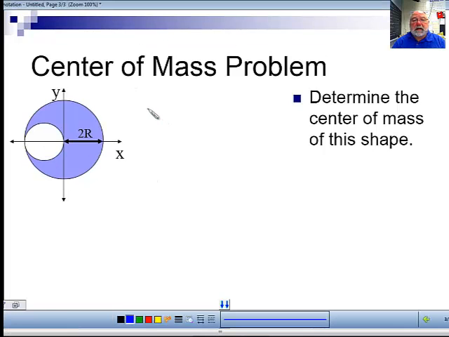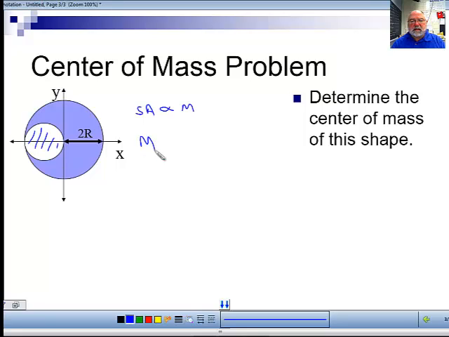So I'm going to say area, I'll even put an S in front of it to make surface area, is proportional to mass.